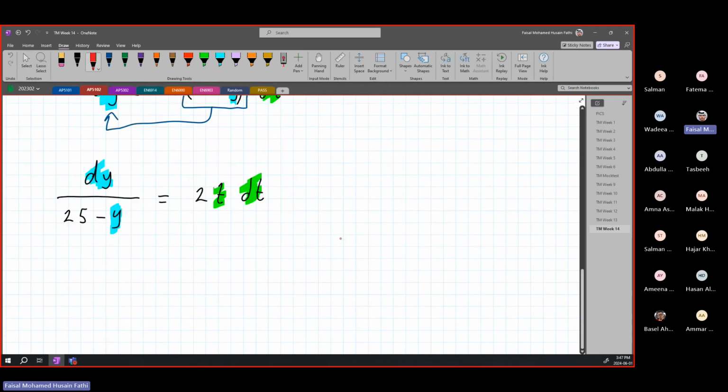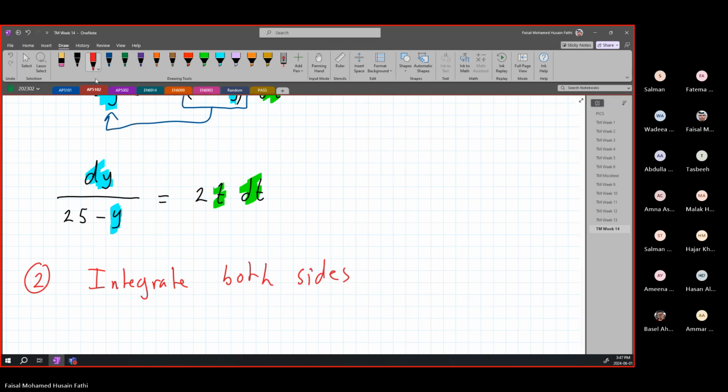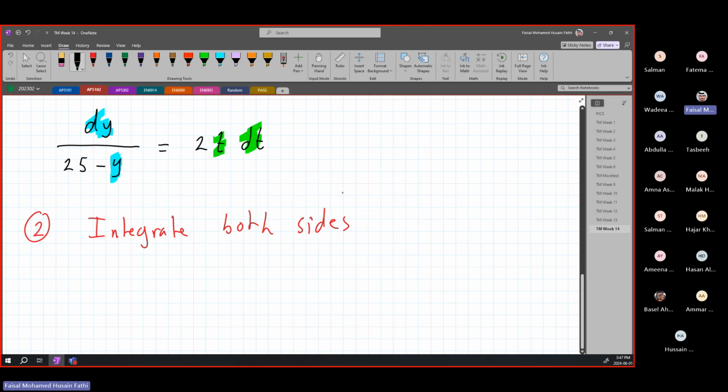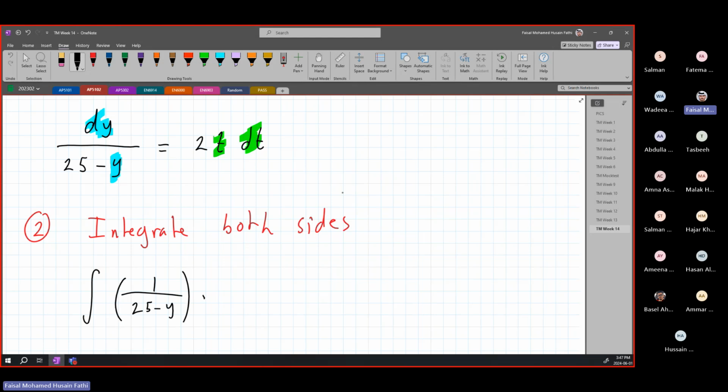Now the second step is integrate both sides. So now we have to do an integration of both sides. So we're going to have the integration of 1 over 25 minus y times dy. All right, this is the same thing.